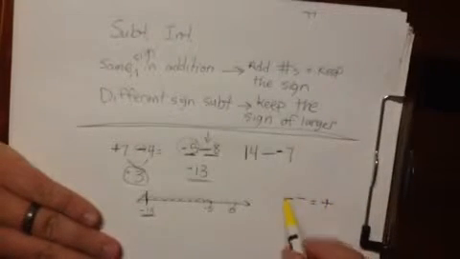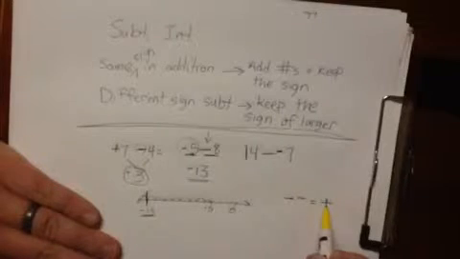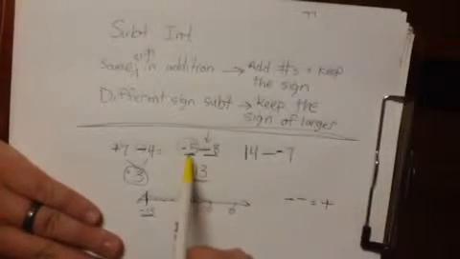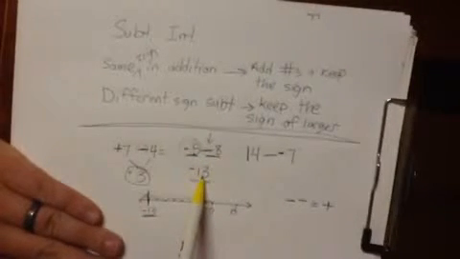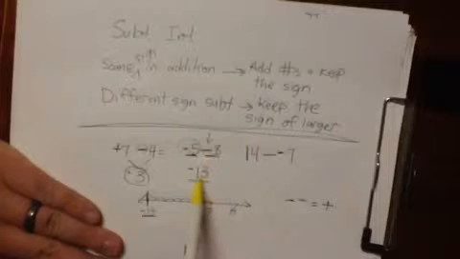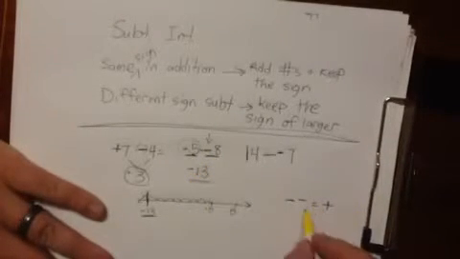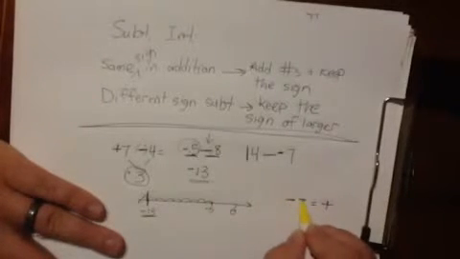Some people like to say this as 2 negatives make a positive, but that gets kind of crazy. I don't want you to say that, because in this case 2 negatives made a negative, because the signs are the same. Keep the sign. What you can definitely say is a negative minus a negative.